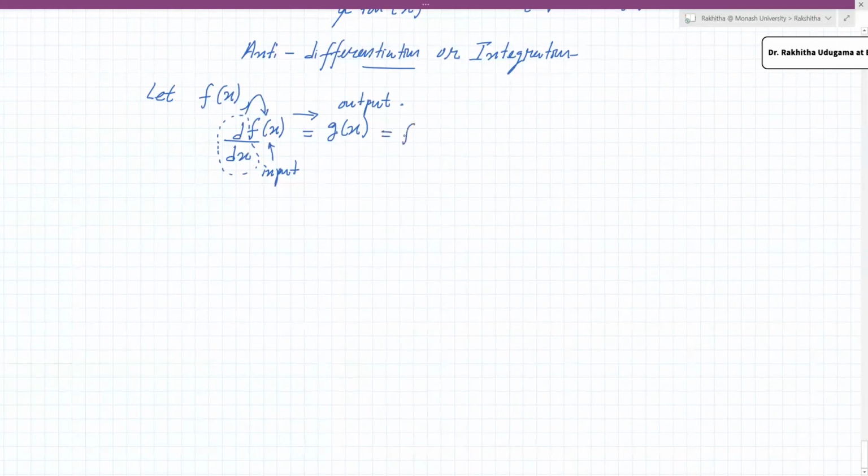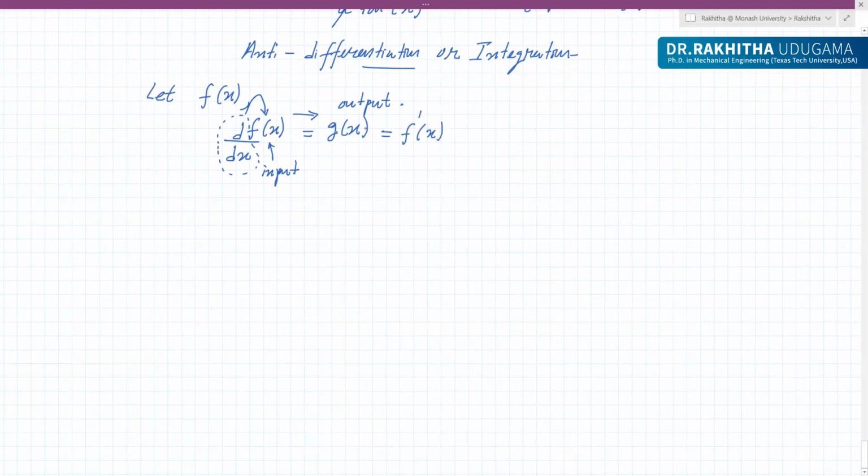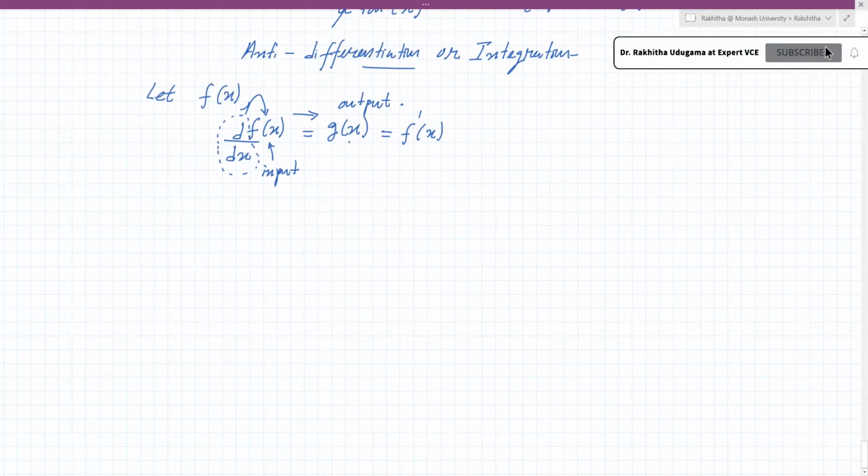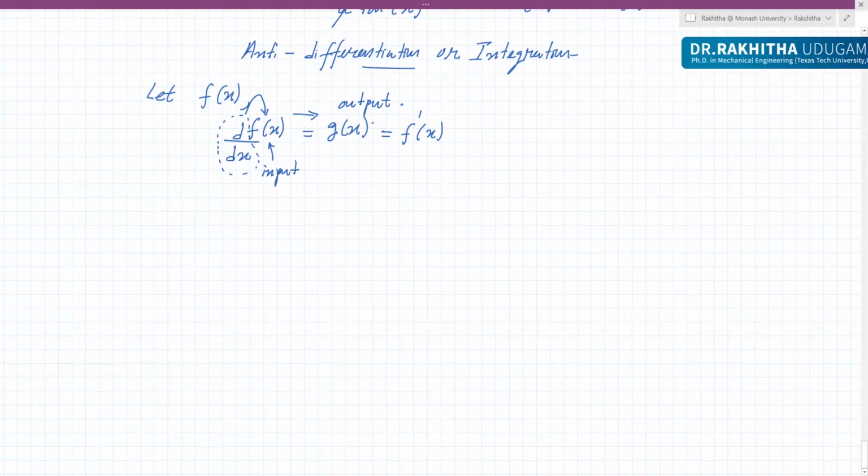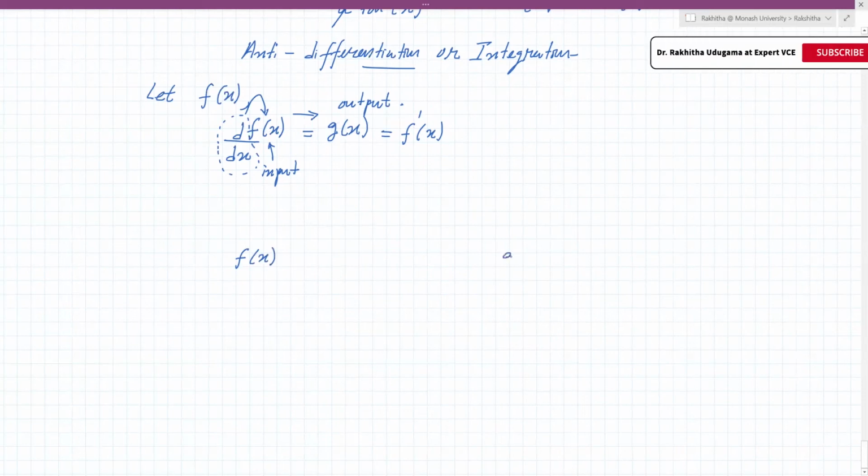Sometimes, if you want, you can call it f dash x. So this is another way of representing that. But anyway, you understand this is a function of x. f, g, f dash, those are just names. Now, if I draw this picture here, I have f(x) as my input and g(x) my output.